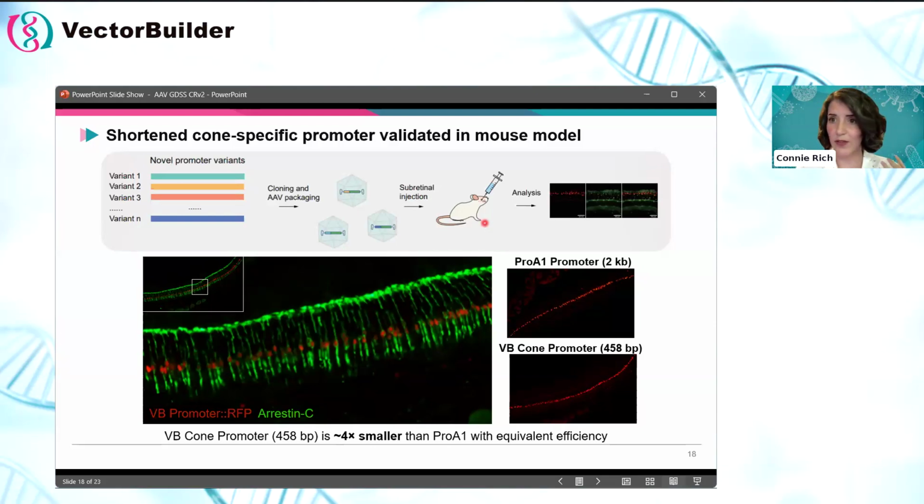And through a few rounds of screening and a lot of work by our R&D team, we were able to identify a novel cone-specific promoter that's only 458 base pairs. So it's around a quarter of the size of that stereotypical Pro-A1 promoter, leaving so much more room for therapeutic potential, basically, in those AAV transfer vectors.